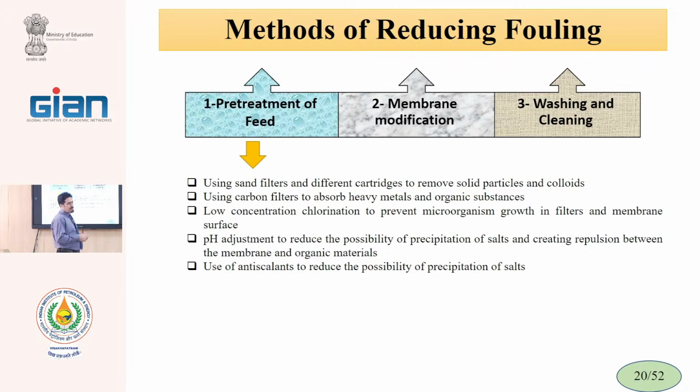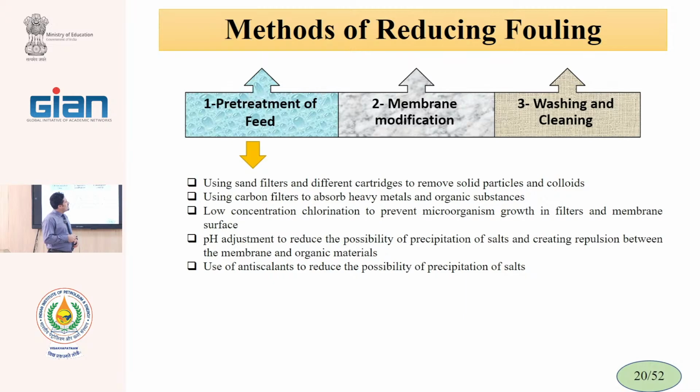Polyimide can be destroyed by chlorine. Also pH adjustment to reduce the possibility of scaling, and use of anti-scalant. Therefore, the better one is pretreatment. We control the conditions of sedimentation.